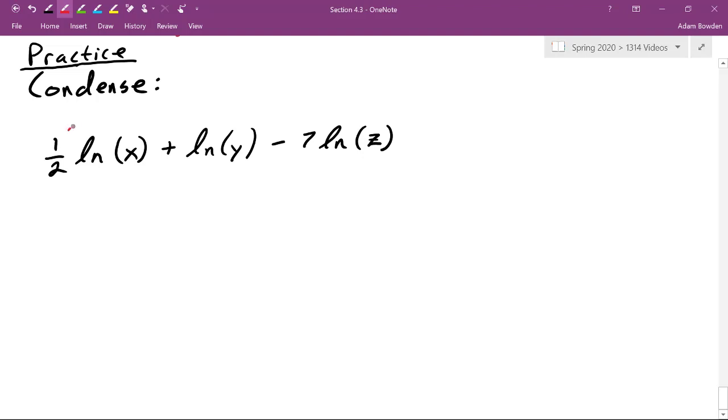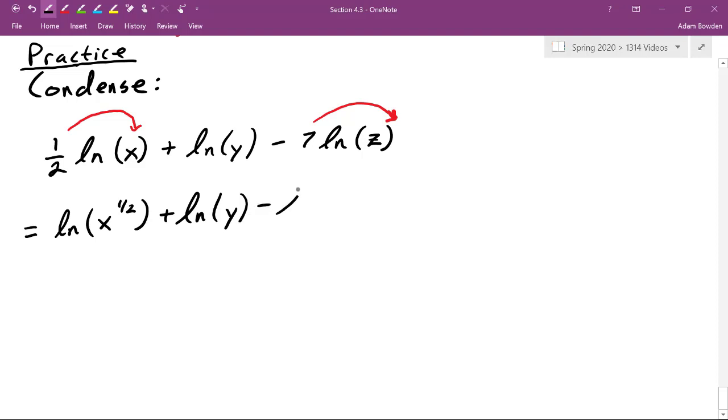So the first thing to do is to move these numbers back to the inside of the logarithm. So that would be ln x to the 1/2 plus ln y minus ln z to the 7th. Okay, and now notice these two are added.